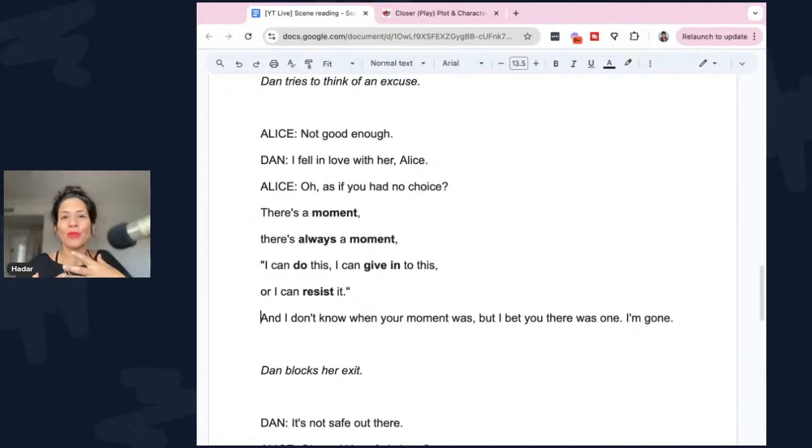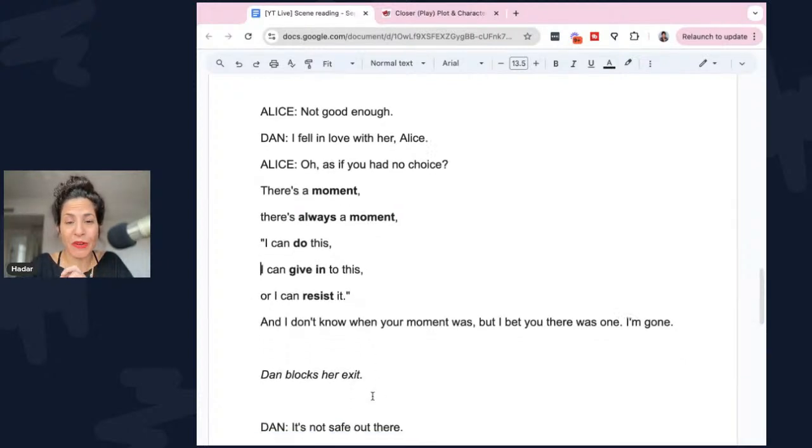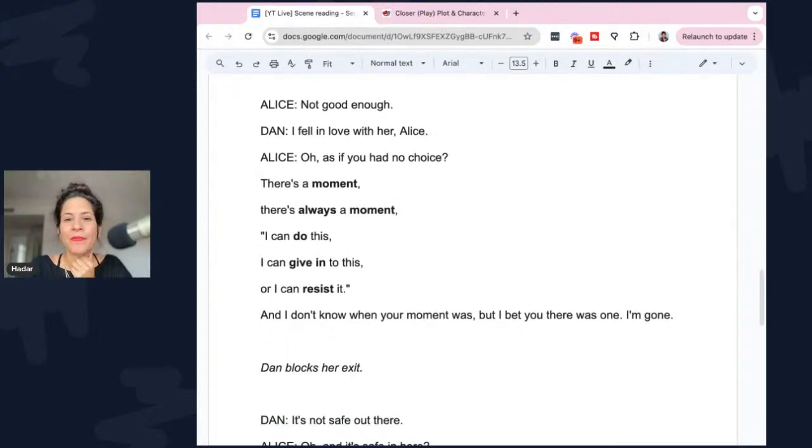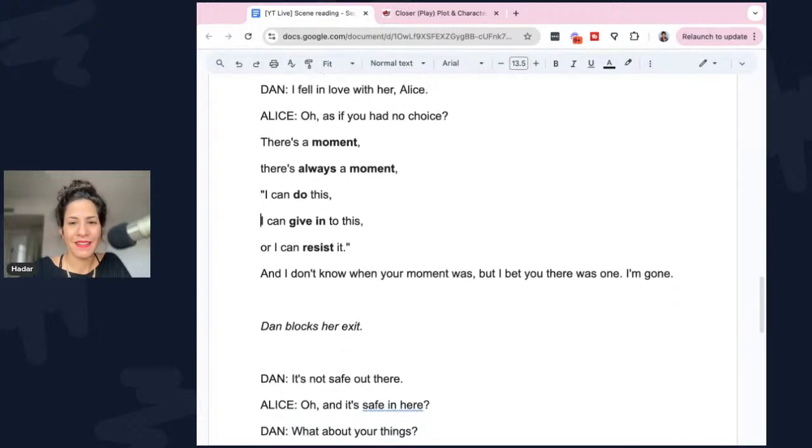This is where you build strength and work on your mindset when you resist the things that you don't want to do. So this is what she confronts him with. And I think this is such a universal experience, which he talks about. And I don't know when your moment was, but I bet you there was one.